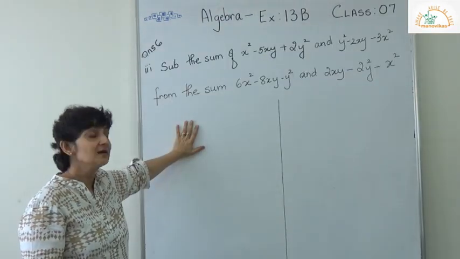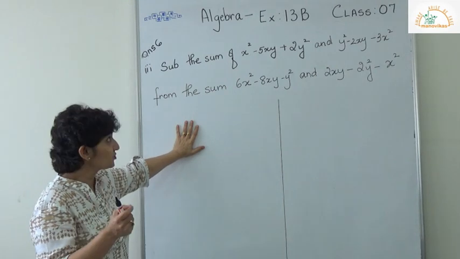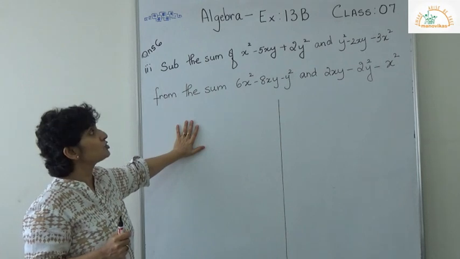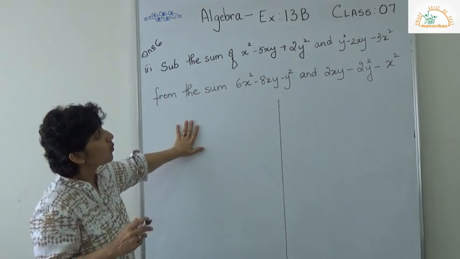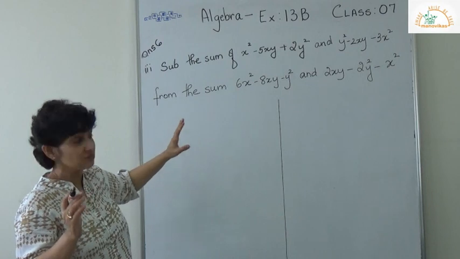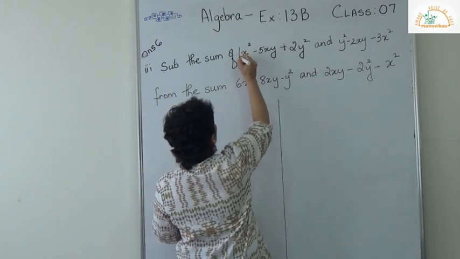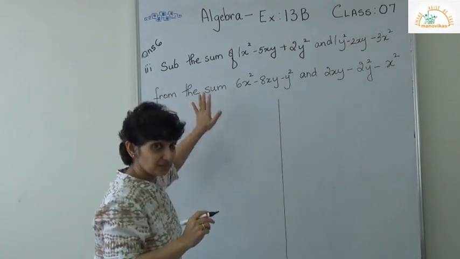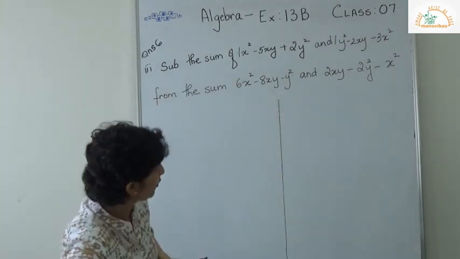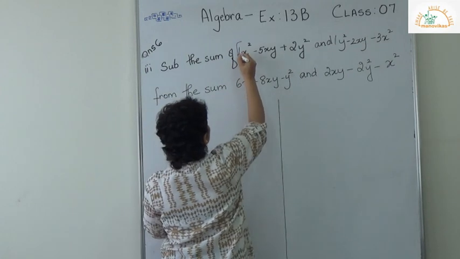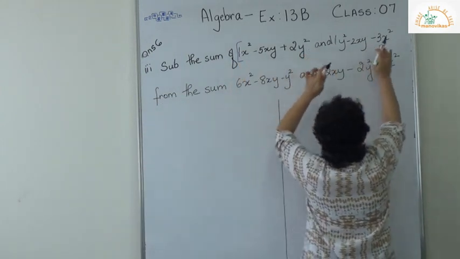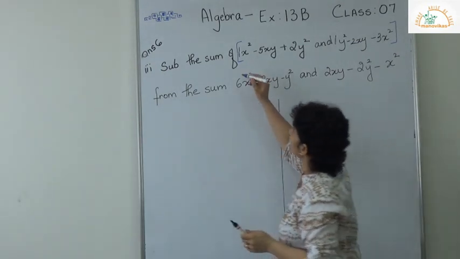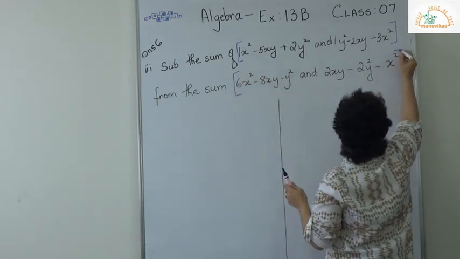Now, question 6, the third sum. Subtract the sum of x squared minus 5xy plus 2y squared and y squared minus 2xy minus 3x squared. Let me put my 1 here and let me put my 1 here. They're saying subtract the sum of. So that means you have to add this and this from the sum of this.